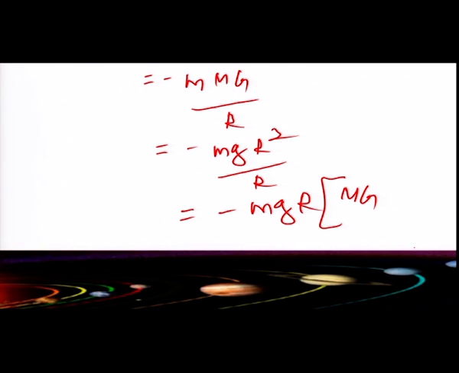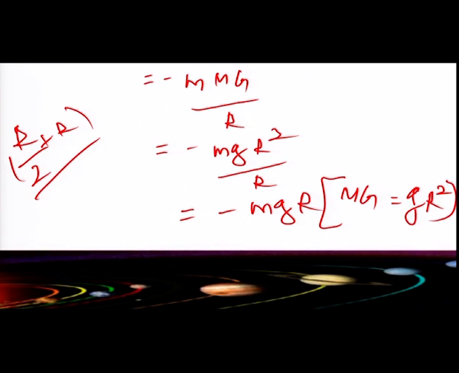we know that mg is equal to G m R squared. Therefore, at a distance of R by 2 plus R, when you simplify this, we will get 3 by 2 R from the center of the earth.